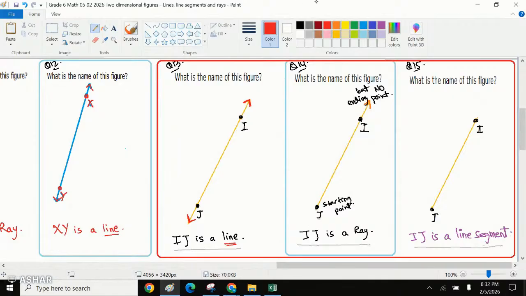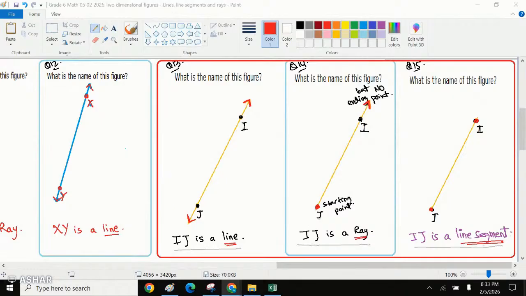If we have one starting point and an arrow at the other end, it is a ray. And if we have a fixed distance between 2 points, then it would be a line segment. These are the only three categories we need to remember. Now let's go to the test and try some questions from it.